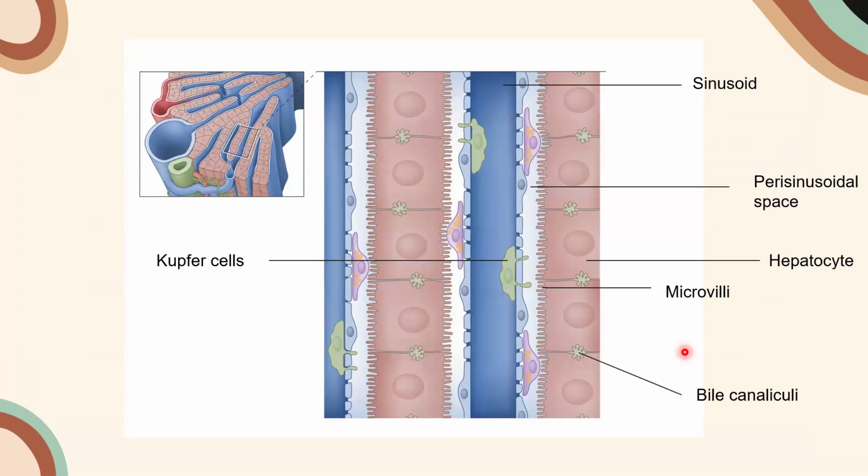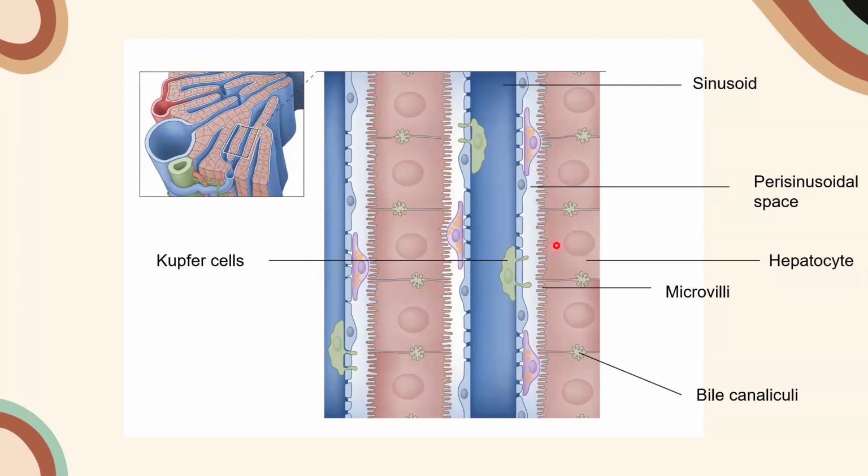Endothelial cells line the sinusoids, and they have gaps between them, which we call interendothelial gaps. So the plasma running in the sinusoid is able to enter the perisinusoidal space, which is the space between the sinusoids and the hepatocytes.